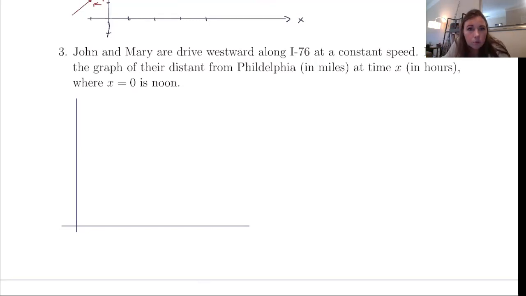Okay. Alrighty. One second, I just need to draw this really quickly.